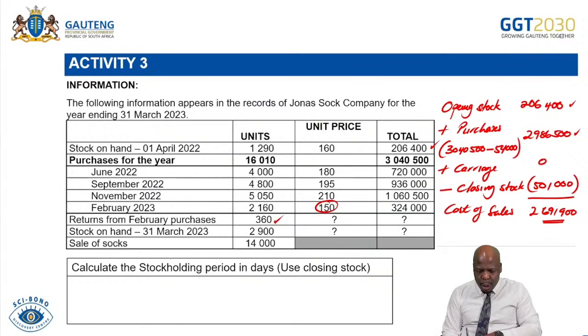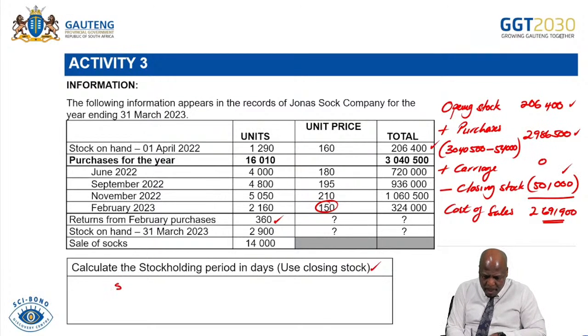Okay, so let's come and do the first method. We want to calculate the stock holding period in days, but we use what? Closing stock. So we'll take now our closing stock. How much is our closing stock? 501,000. Let's divide it by our cost of sales, which is 2,691,900.